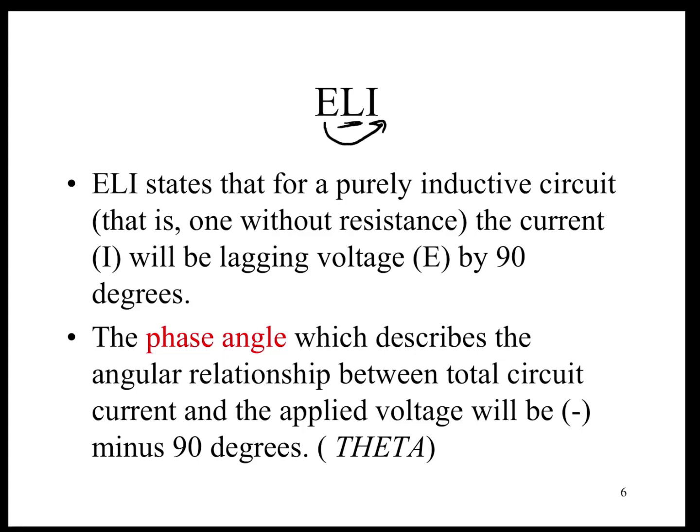So if we take voltage as the reference, we can see the current, indicated by the acronym, is lagging. And again, the phase angle that describes the angle between the voltage and the current will be 90 degrees. Now what I will say right now is that in terms of these angles of plus and minus, notice how here it's indicated a negative sign for the circuit phase angle.